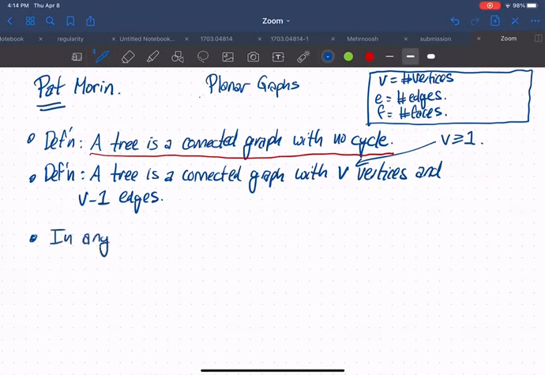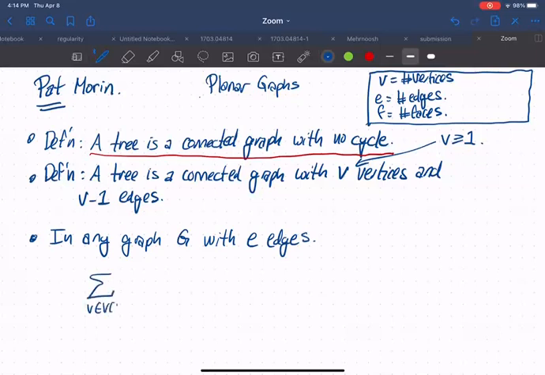In any graph G with E edges, the sum over the vertices of G of the degree of the vertices is equal to twice the number of edges. Okay. There's nothing deep about that.